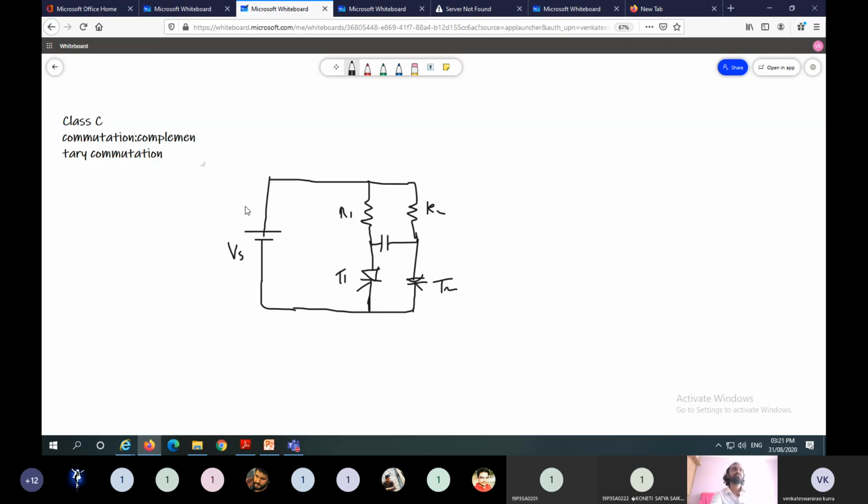For class C commutation, we assume that initially T2 is in the on state.